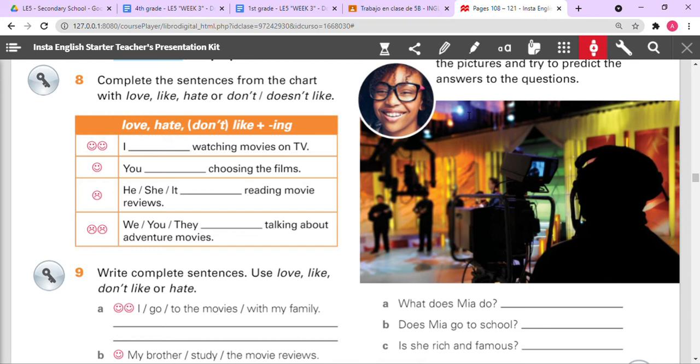Now let's see. Does Mia go to school? Yes or no? Of course, yes, she does. Letter C. Is she rich and famous? No, she isn't. This is the first part.